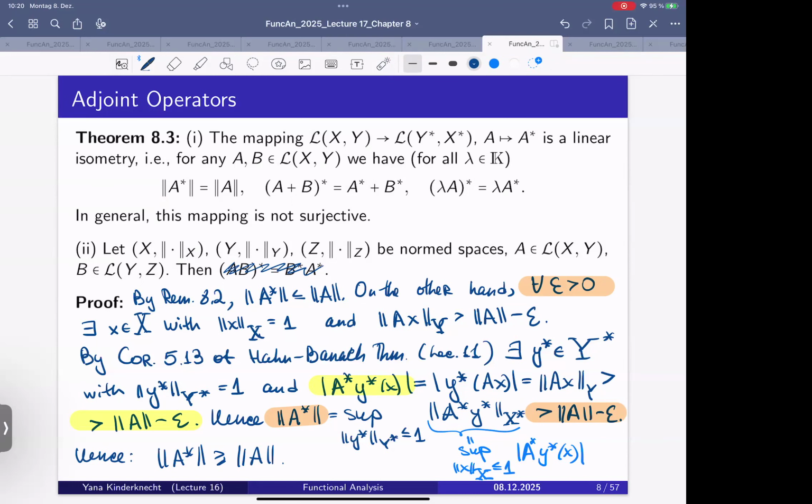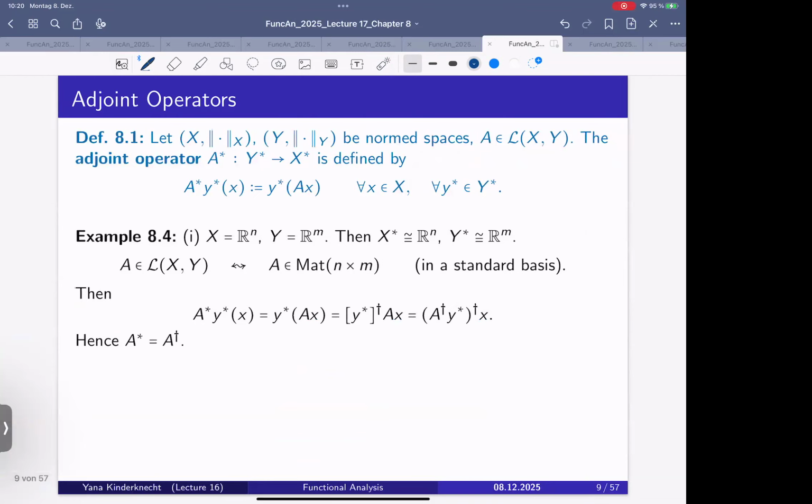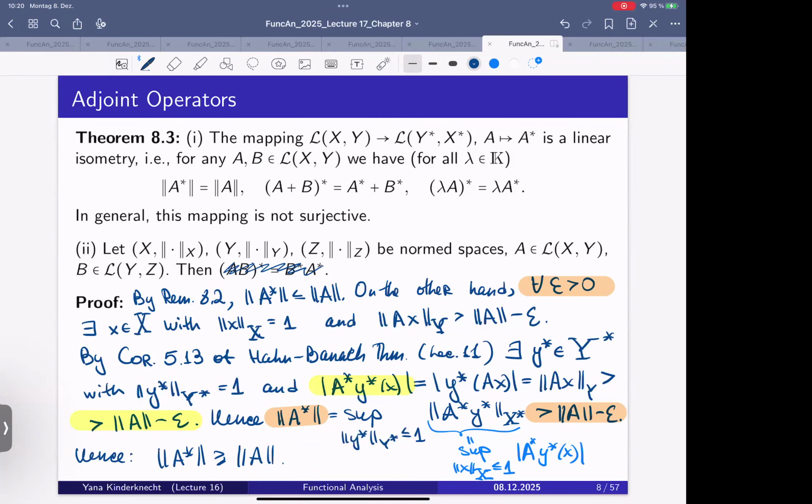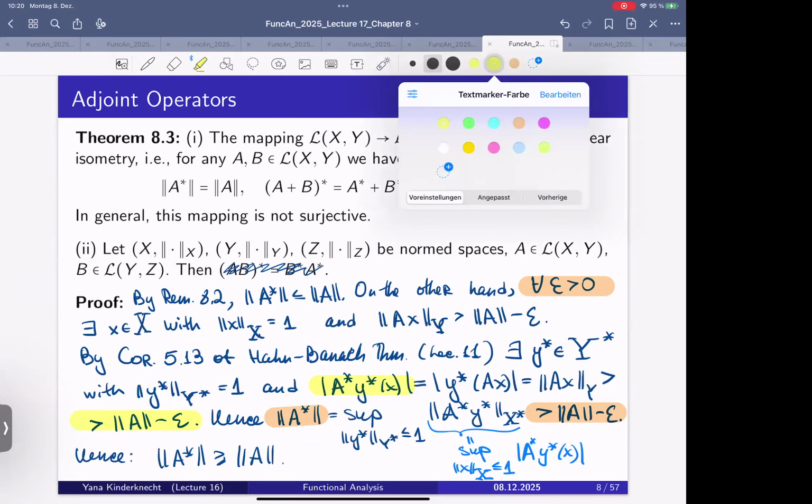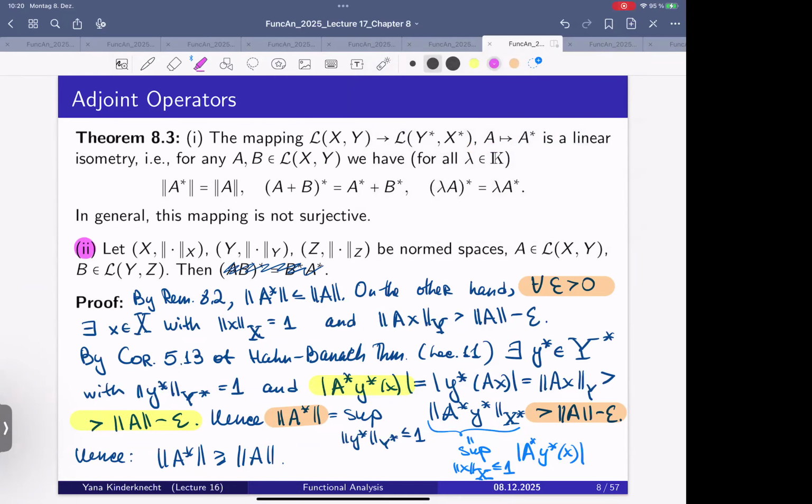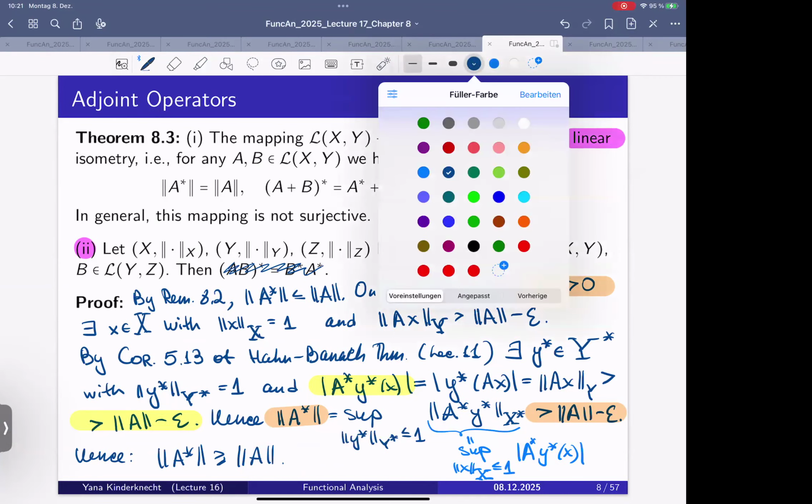Okay. So let me first specify that this and this would be an exercise.